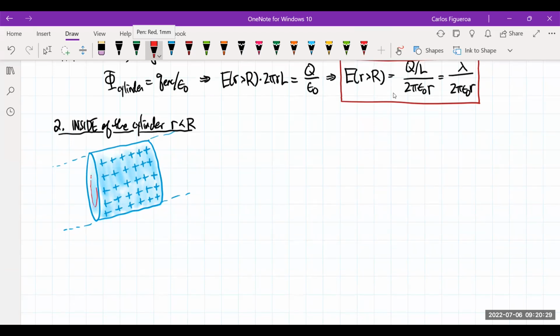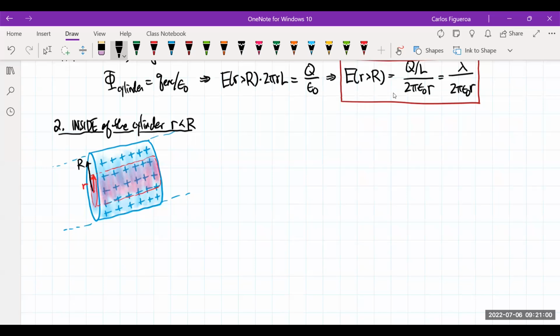inside the cylinder. As I choose my Gaussian right here, you can see that it coincides here. So when I look at that, I'm enclosing less charge than the total charge. When I look at my radius, this right here is my little r, and then my big R is this.